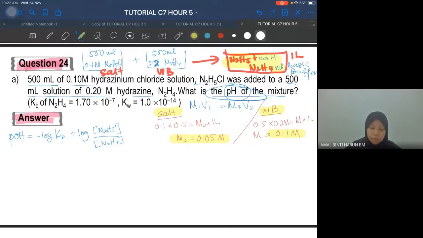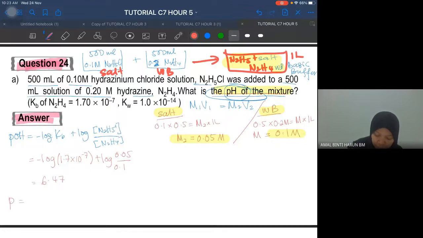Okay. Then, boleh tak kita substitute sekarang ke dalam Henderson-Hasselbalch? Dia kata pH of the mixture means the pH of the basic buffer. So, kita boleh substitute negative log Kb dia 1.7 exponent negative 7 plus log concentration salt 0.05 over 0.1. So, you dapat the pOH should be 6.47.